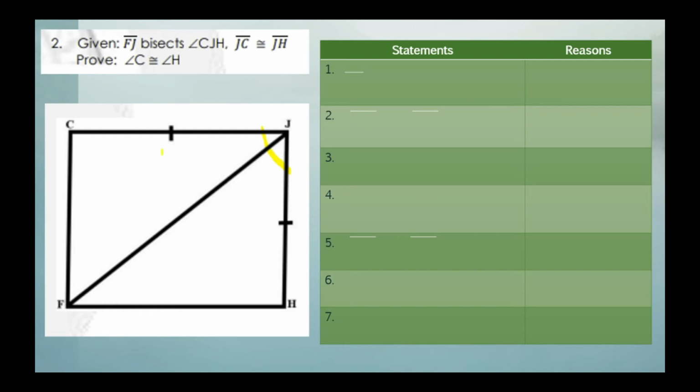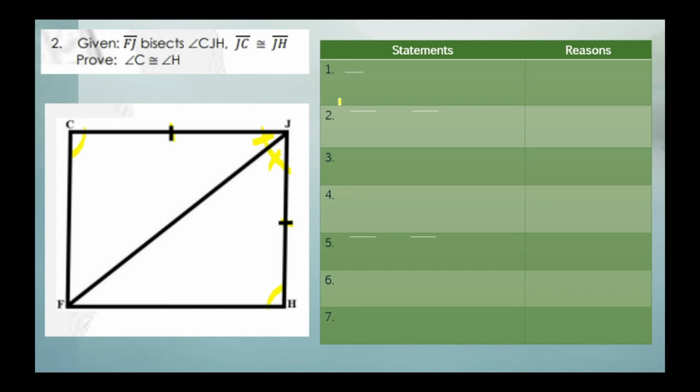So, kung binisect si angle CJH ni FJ, magiging congruent ito at saka ito. Okay? So, may mark na kaagad dyan. Now, side or segment JC, etong may mark na isa, is congruent to segment JH. Okay? So, ang ipoprove natin is angle C, this is angle C, ay congruent ba sa angle H?